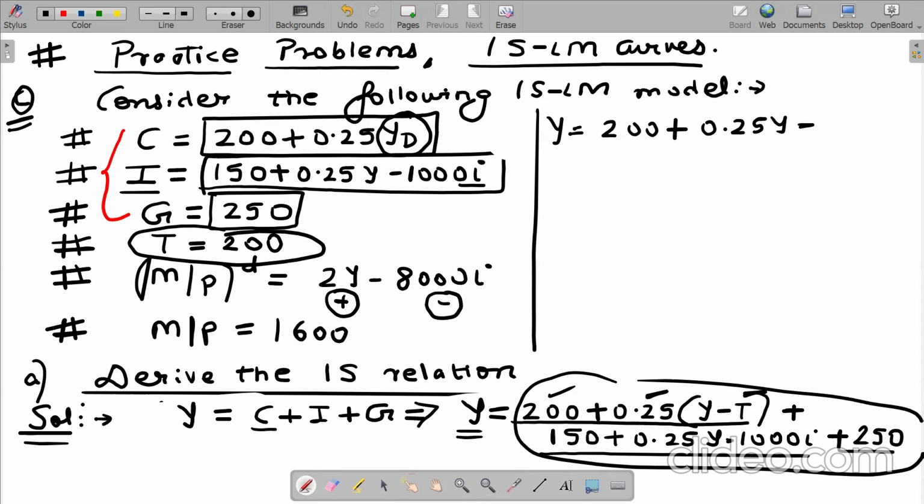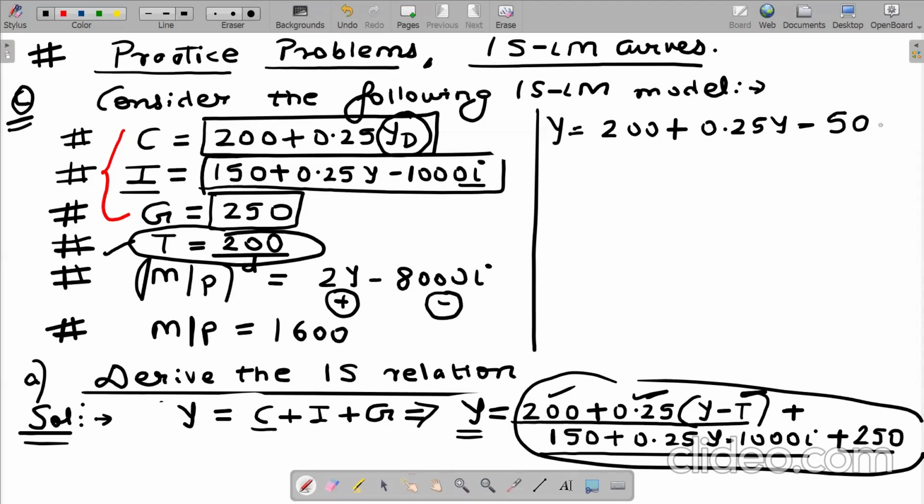So minus 50. 0.25 into T, T is 200, so 0.25 times 200 is going to be 50. Okay.